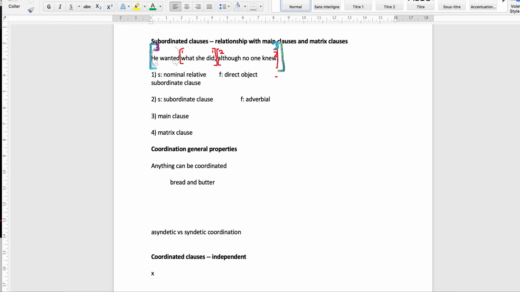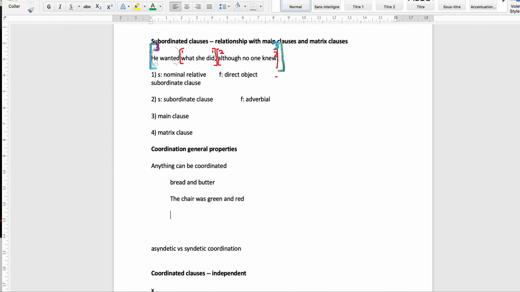I could say the chair, or I could say the green, red, and blue chair.